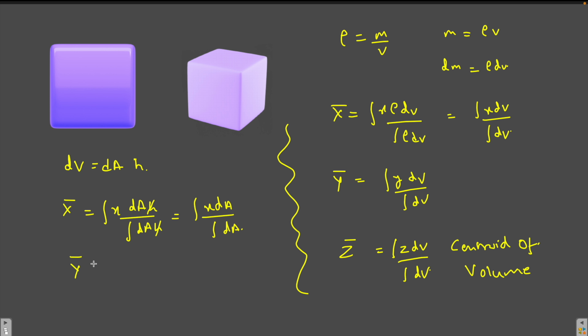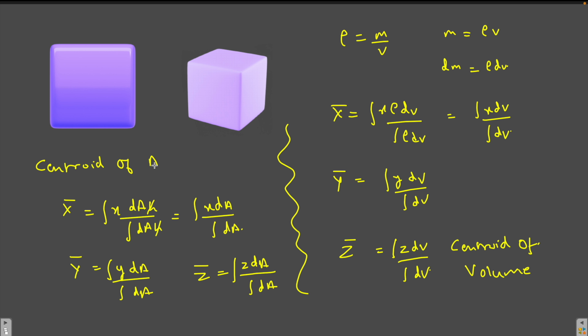Y bar as integration of y dA by integration of dA, and z bar as integration of z dA by integration of dA. Now what are these? These are the centroid of the area, or we can say the center of the area of the body.